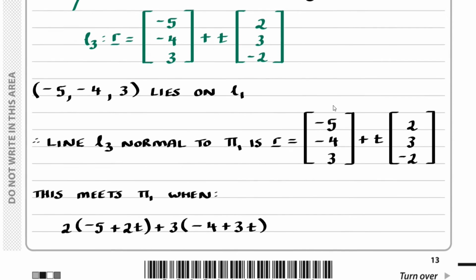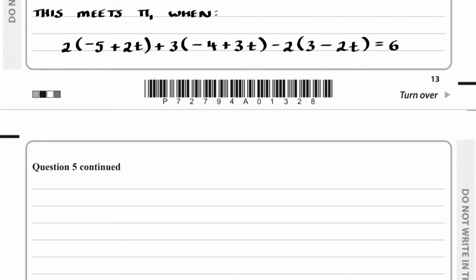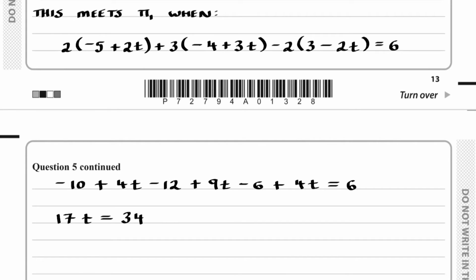And then we have -2z, so -2 multiplied by (3 - 2t), and that's going to equal 6. If I expand the brackets, I've got -10 + 4t - 12 + 9t - 6 + 4t = 6. So 17t = 34, which means t = 2.